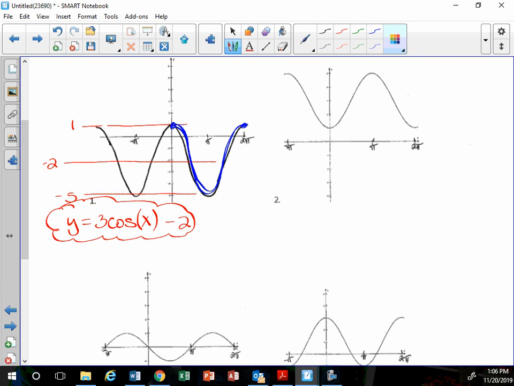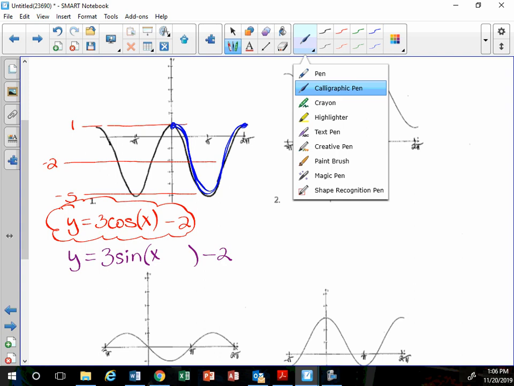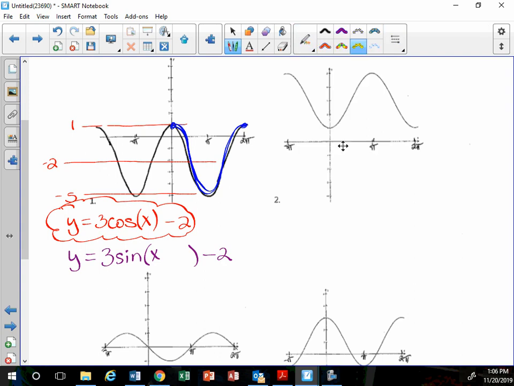Let's do the sine equation together. Leave the 3 alone. For sine, we don't have a b value. The minus 2 at the end is the same. It is just that phase shift. Normally you are on the midline on the y-axis. So where has it gone? How far?